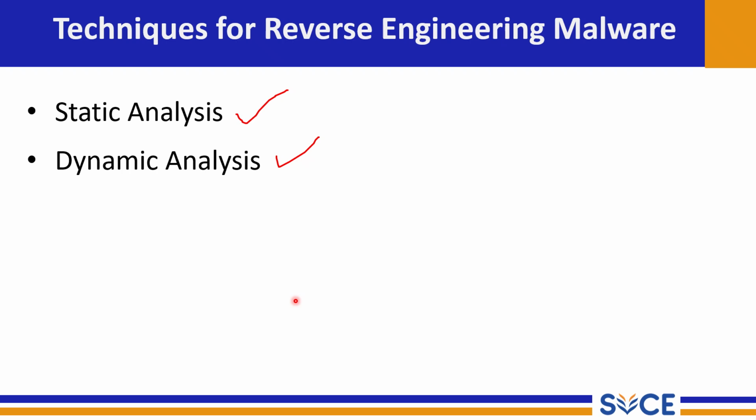Okay, like analysis techniques, if we go for static analysis, the benefits are that it offers insight into the structure and behavior of the program, it can be performed without executing the program, and it is less resource intensive than dynamic analysis.